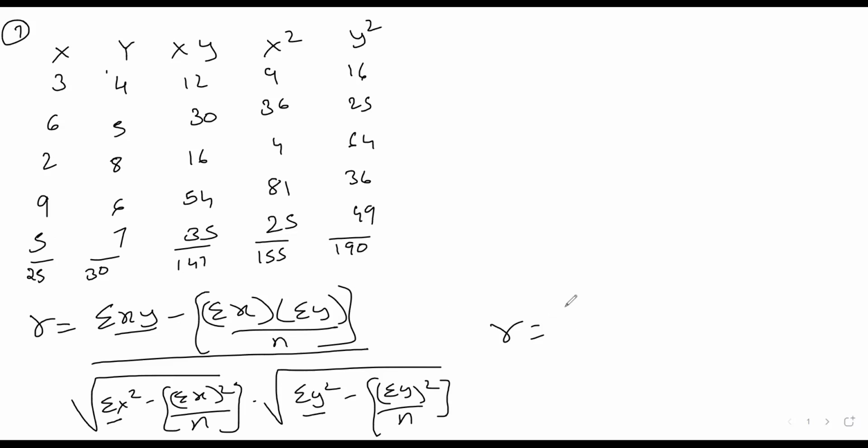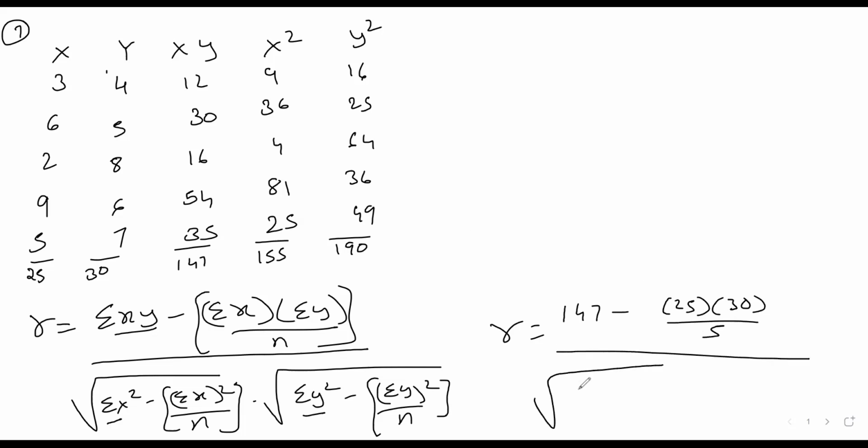So this will be 147 minus 25 into 30 upon 5, whole thing upon under root summation x square 155 minus 25 square upon 5, under root summation y square 190 minus 30 square upon 5.